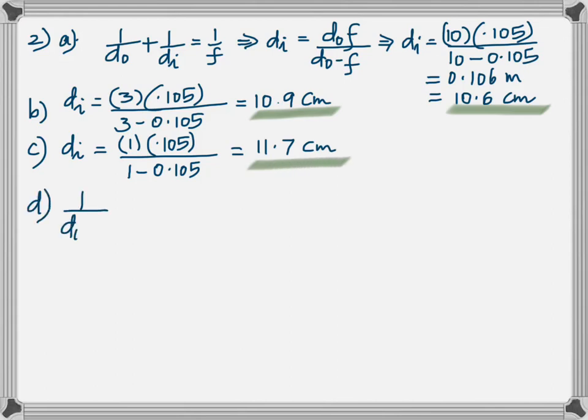In the D part, what is the closest object this lens could photograph? So when DO becomes minimum, remember that DI becomes maximum, and that maximum distance is 132 millimeter, which is 0.132 meter. So now you're going to find DO.